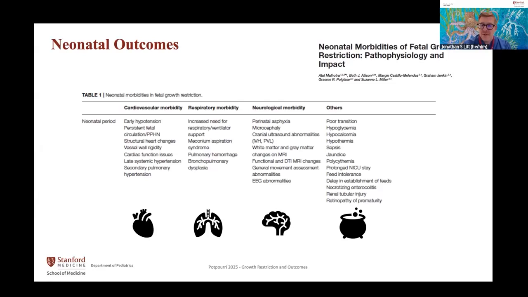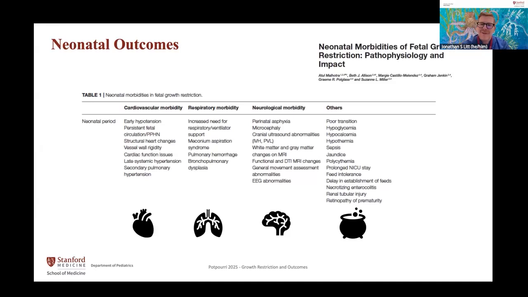Respiratory symptoms are also common, and we can see increased need for respiratory support, meconium aspiration syndrome related, we think, to increased risk for fetal distress among infants who are growth restricted, and pulmonary hypertension, hemorrhage and BPD. Neurologic morbidity is also related to being growth restricted, as we just heard in the prior talk, particularly the risk of IVH and PVL, white matter injury, EEG abnormalities, and associated seizures.